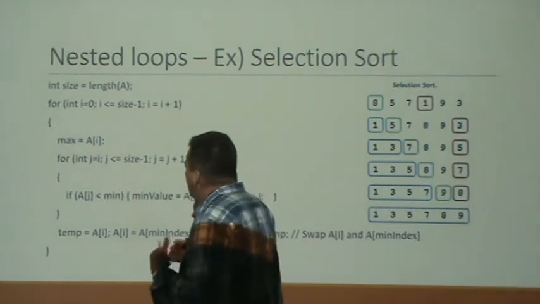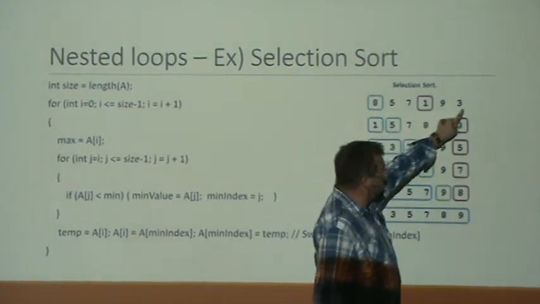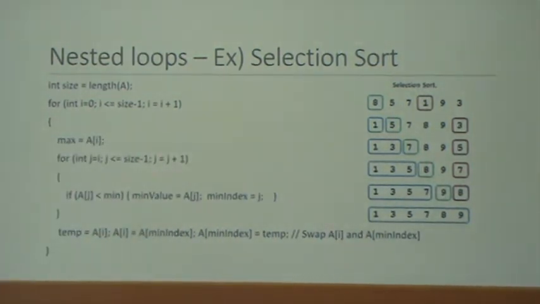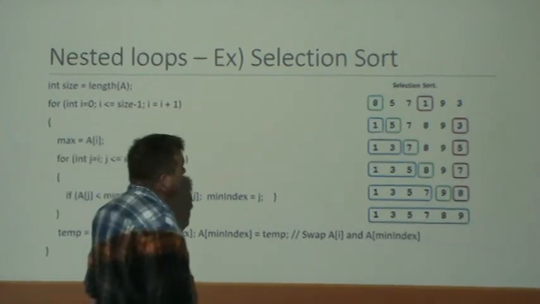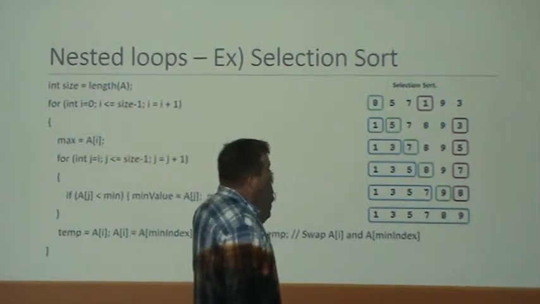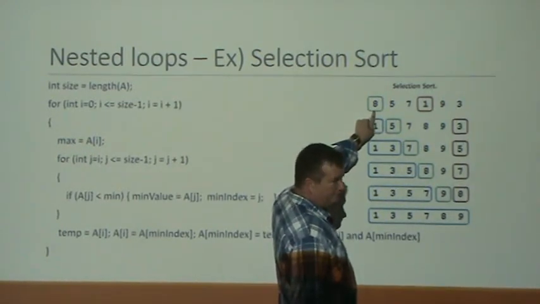So suppose we wanted to take an array of numbers and write them in sorted order. There's one algorithm we could use called selection sort. What we basically do is we take the first variable, right?